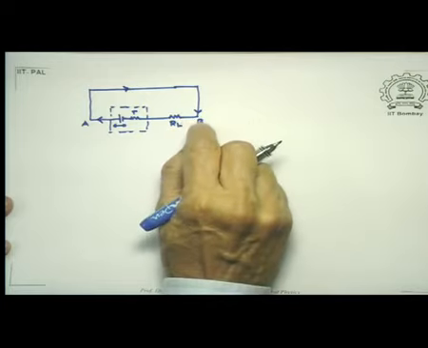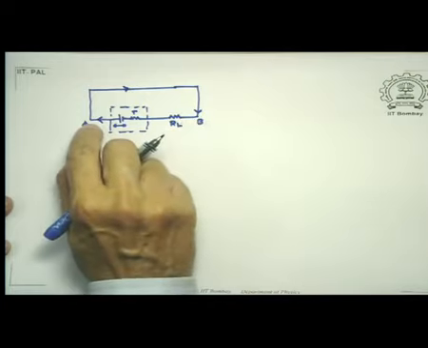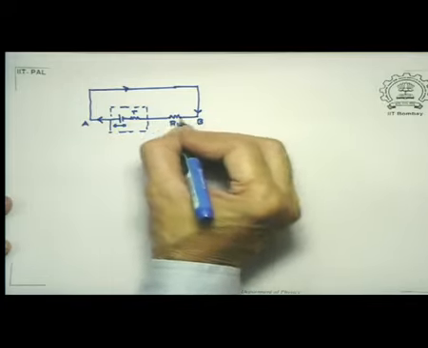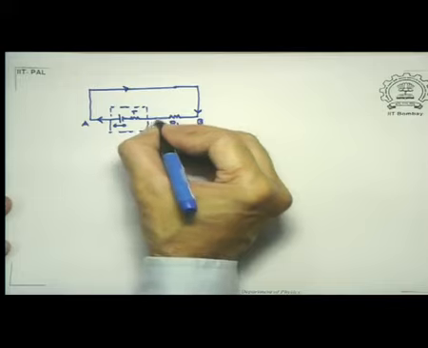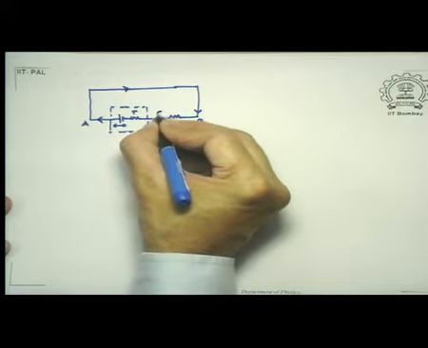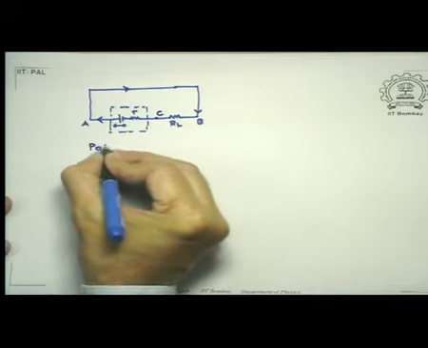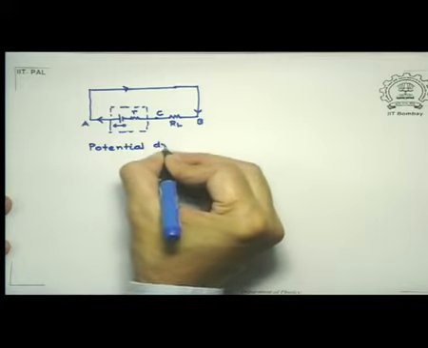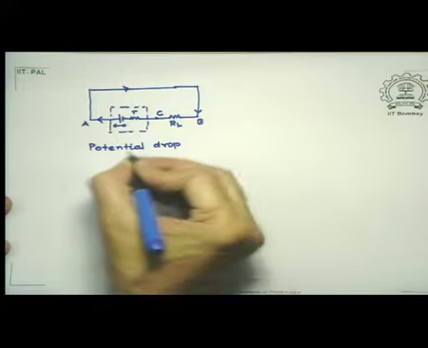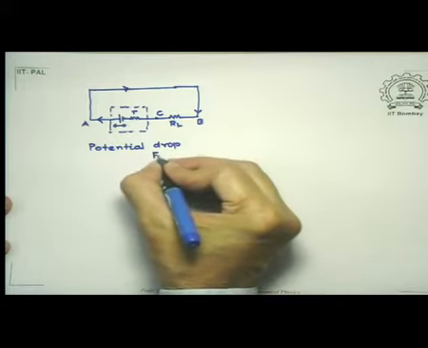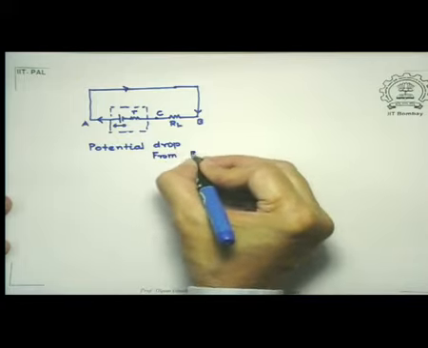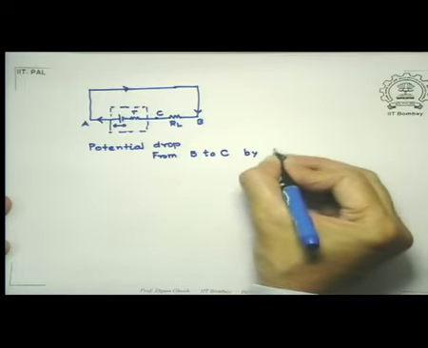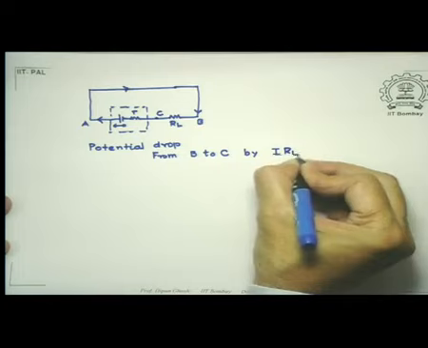So the potential at the point B is the same as the potential at the point A. But since I am going in the direction of current, in going from B to this point C, let's say, potential would drop from B to C by I times RL, where I is the current in the circuit.